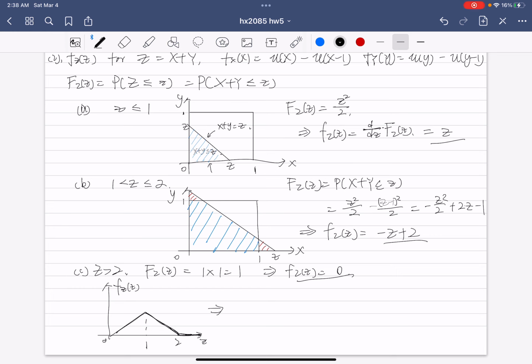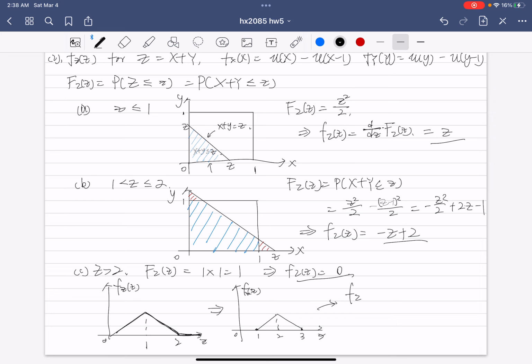To get our final result, we need to shift the picture to the right by 1. It looks like this: 1, 2, 3, 0, z, fz.